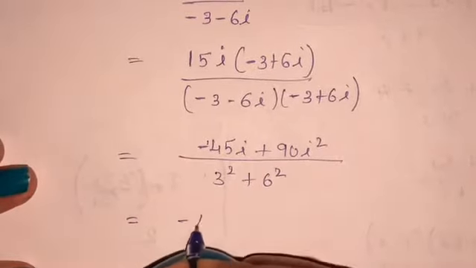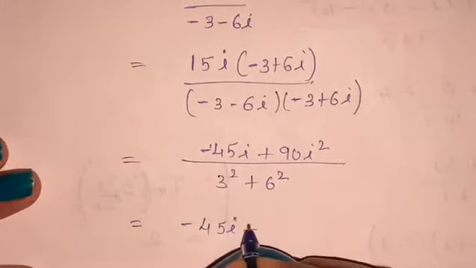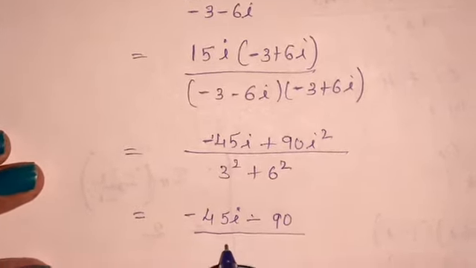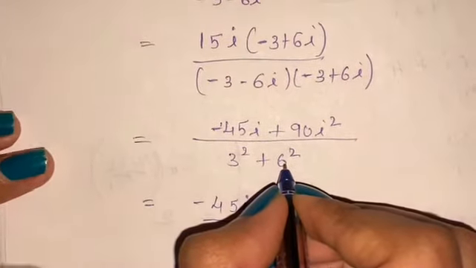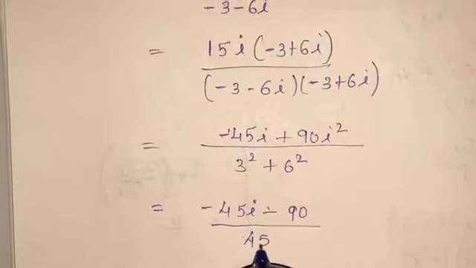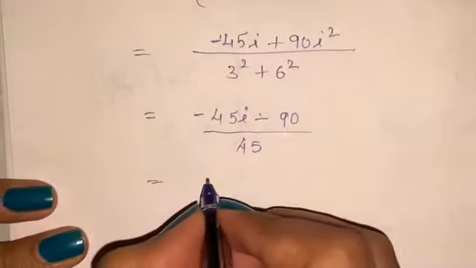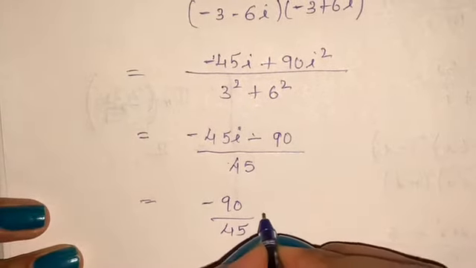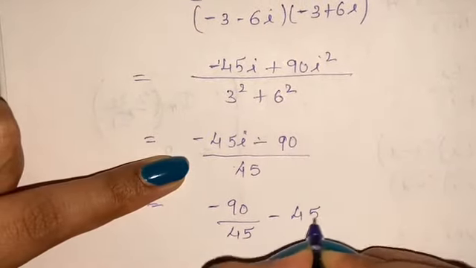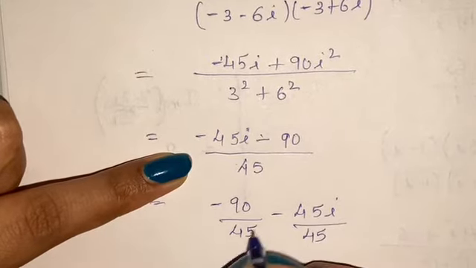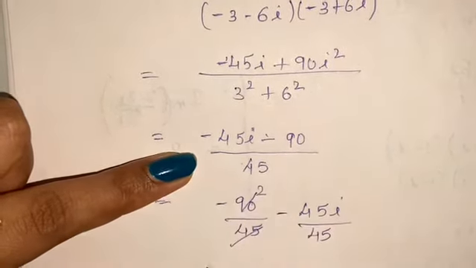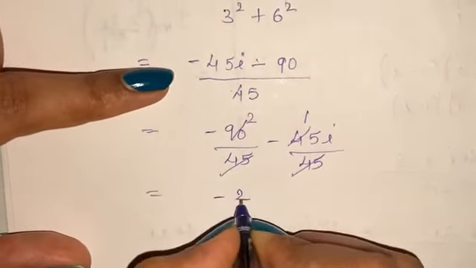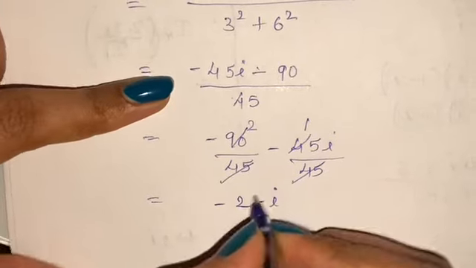You will get minus 45i minus 90, because i squared is minus 1, upon 3 squared is 9 and 6 squared is 36. So 36 plus 9 you will get 45, is equal to minus 90 by 45, and imaginary part minus 45i by 45. 45 2s are, and so minus 2 minus i.